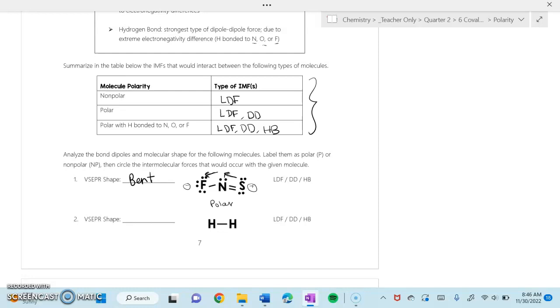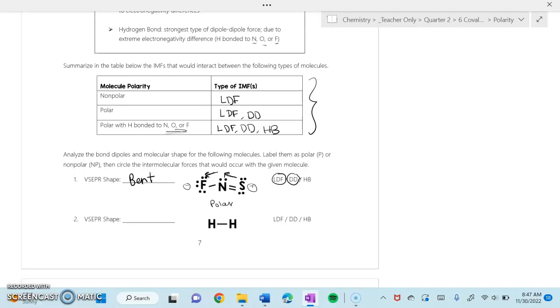As a result of this polar compound, remember everything has LDF, so you could just go ahead and circle LDF for all of them. And then we have dipole-dipole because it's polar. Now notice we do have nitrogen and fluorine, which are part of our hydrogen bond. However, it's not linked to a hydrogen, so we cannot say it's a hydrogen bond.